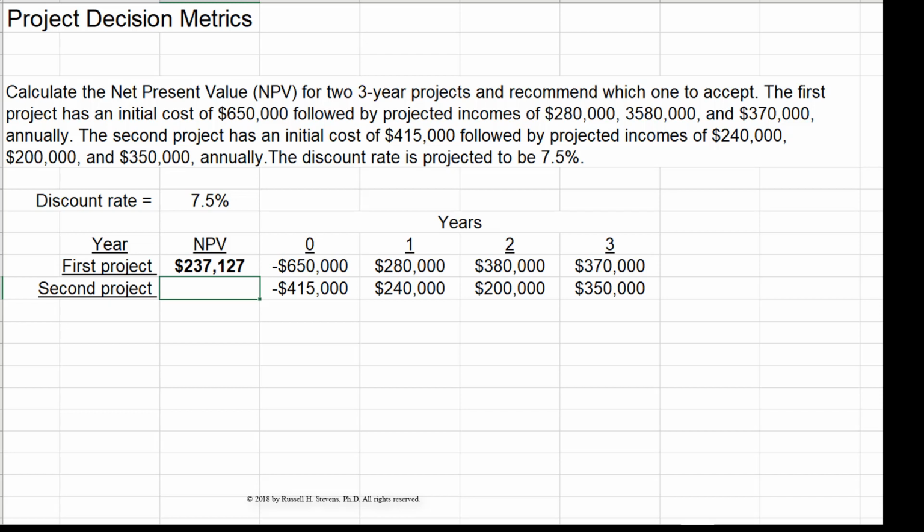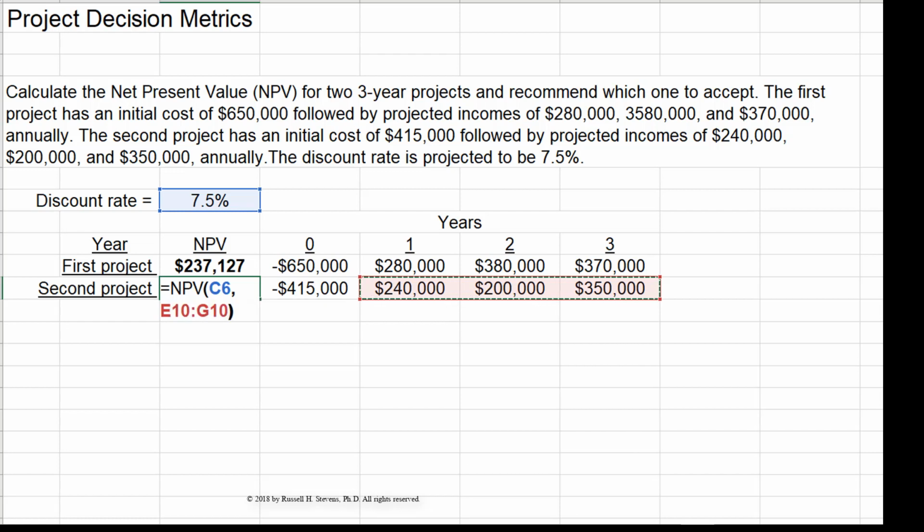Since this is a fairly simple formula, highlight the workbook cell under the $237,127, type in an equal sign, followed by NPV, followed by an open parenthesis. Highlight the 7.5%, enter a comma, and highlight the workbook cells from the $240,000 to the $350,000.